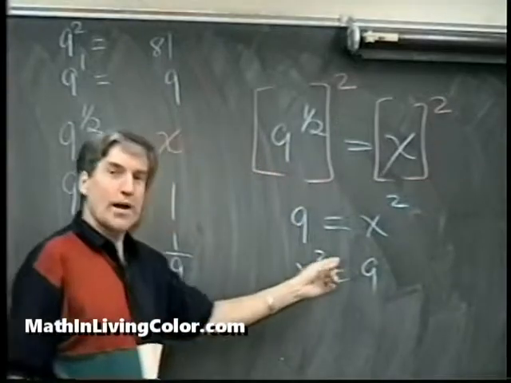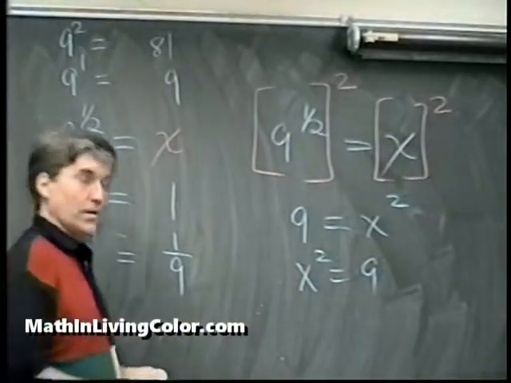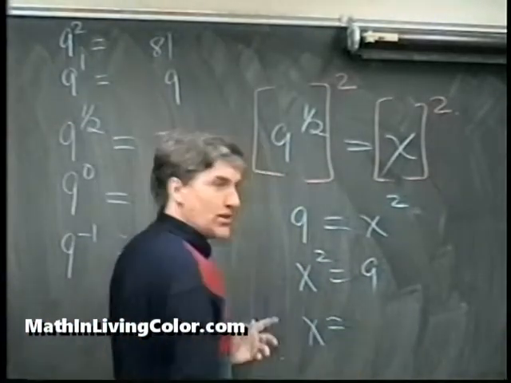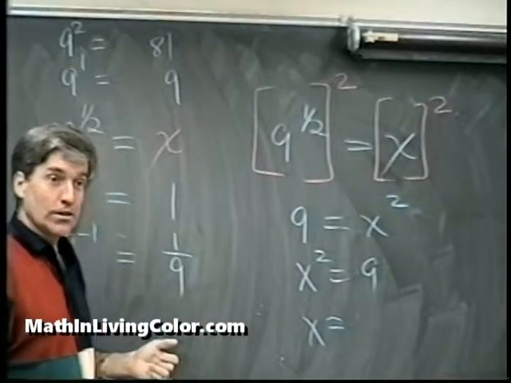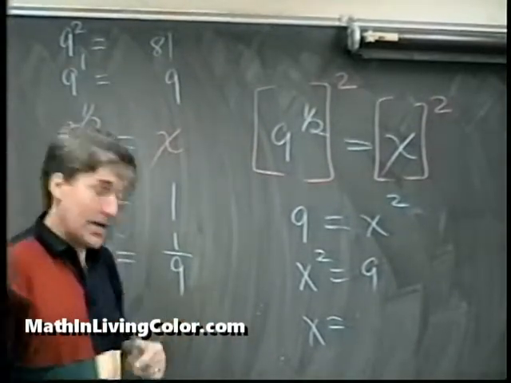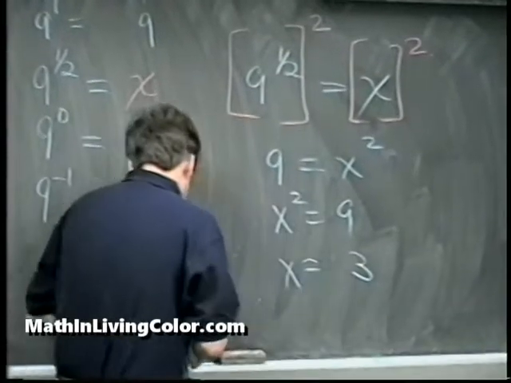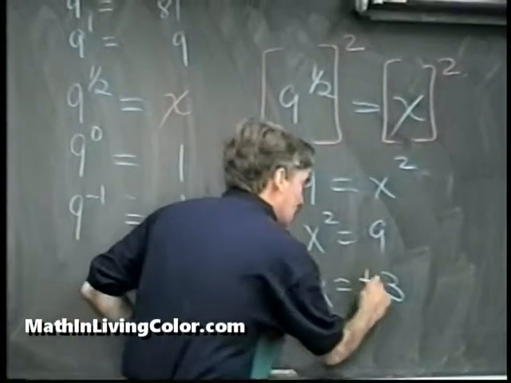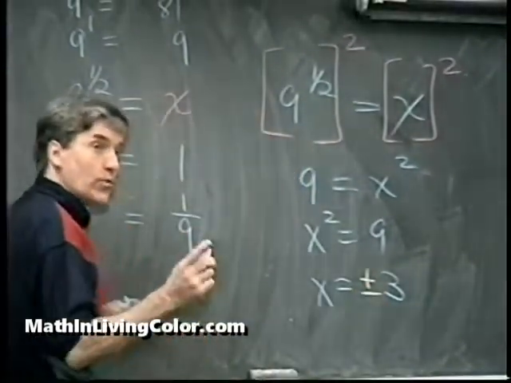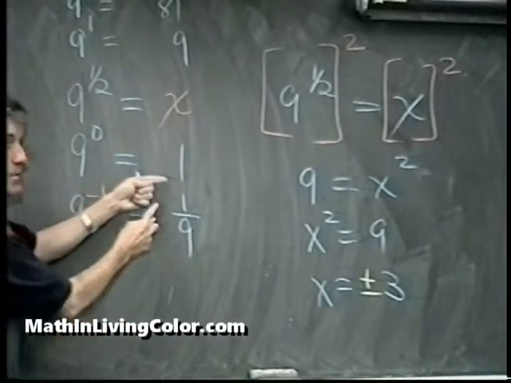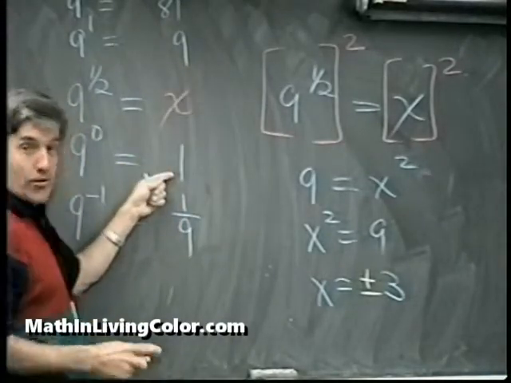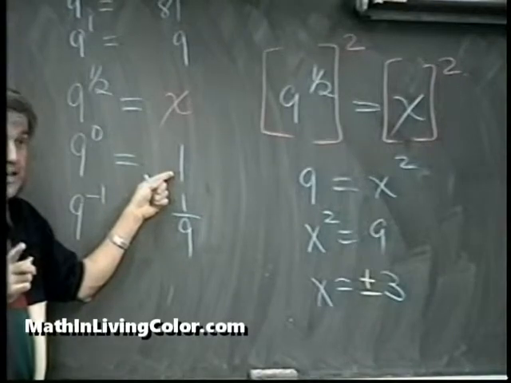Now what can you square and get 9? Actually, there are two things you can square and get 9, aren't there? 3 and also -3. We're going to call that actually plus or minus 3. But remember, we're looking for a number that's supposed to be between 1 and 9, and I want to have just one answer for this thing anyway.